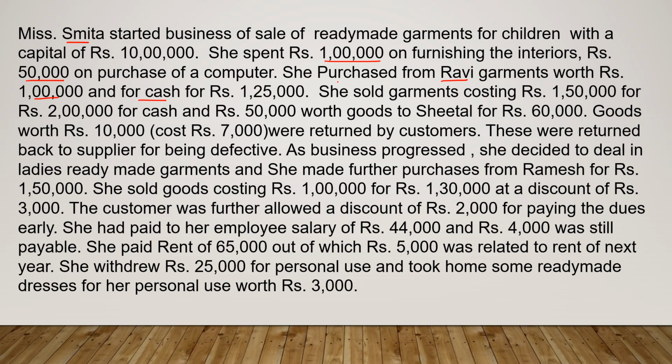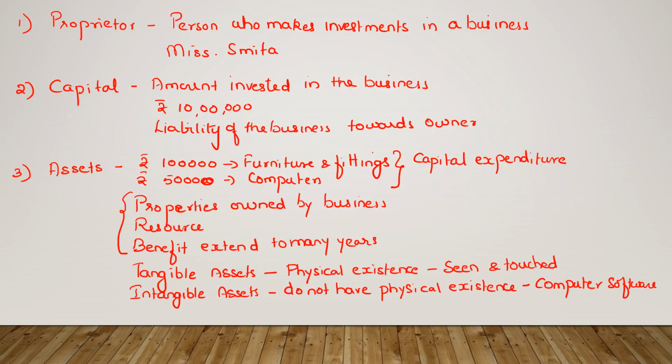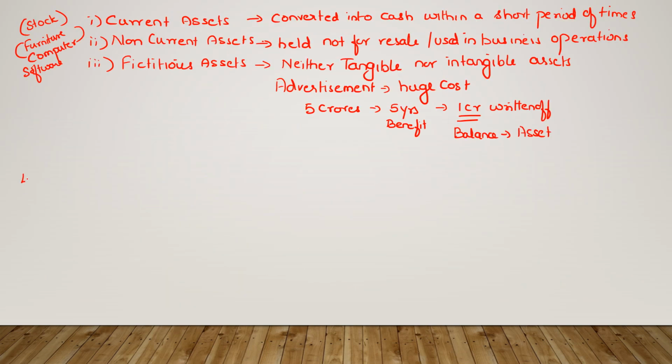So now from this we will understand the term purchase. Now she has made purchase. So what do we mean by purchase? Purchase is nothing but buying of goods for resale.